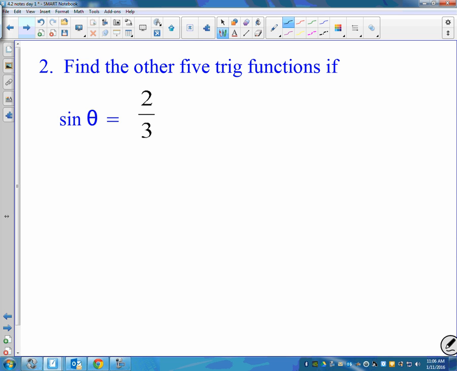What if they gave you this instead of a triangle? Find the other 5 trig functions if the sine of theta equals 2/3. What do we know if they tell us the sine of theta equals 2/3?